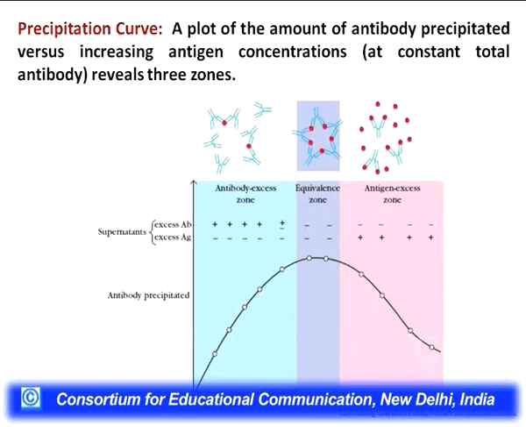If we see the picture, the antibodies are in much higher concentration than the antigen, so there is no visible precipitation formed. The second zone is called the zone of equivalence, where the antigen and the antibody are present at an optimum, or correct, concentration. So there is a formation of a lattice, or precipitation, due to multivalent antibody and multivalent antigen interactions.